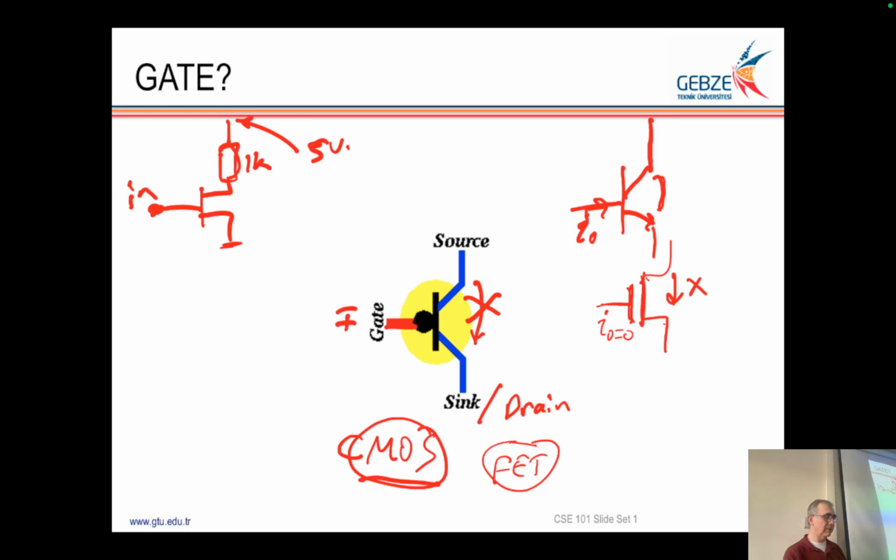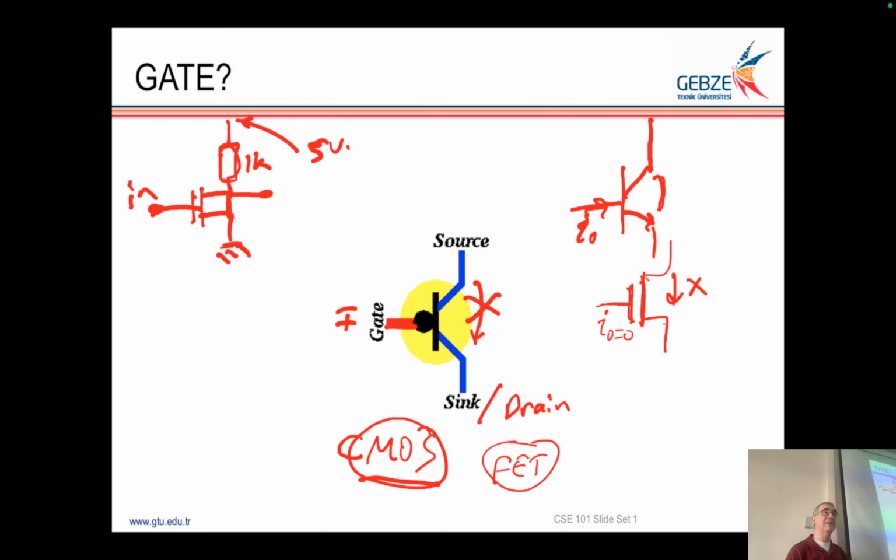This is ground. When this is conducting, this is connected to the ground. So what is the output voltage if the input is 1? Output is 0, right?